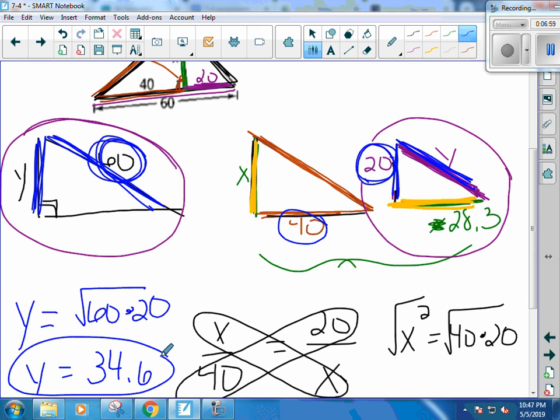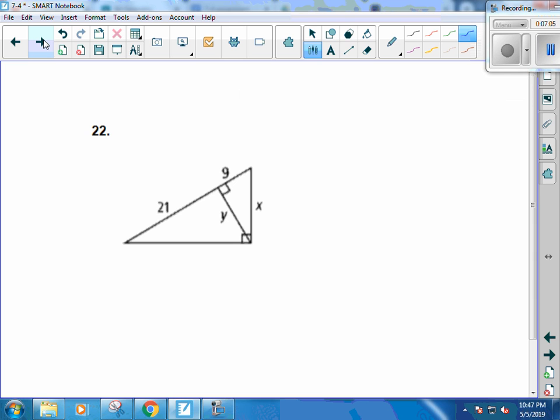I'm going to run through it one more time. Okay, same type of problem. I look, I see three different triangles. So I'm going to separate the three. When I draw them, I always do a short and then a long side.